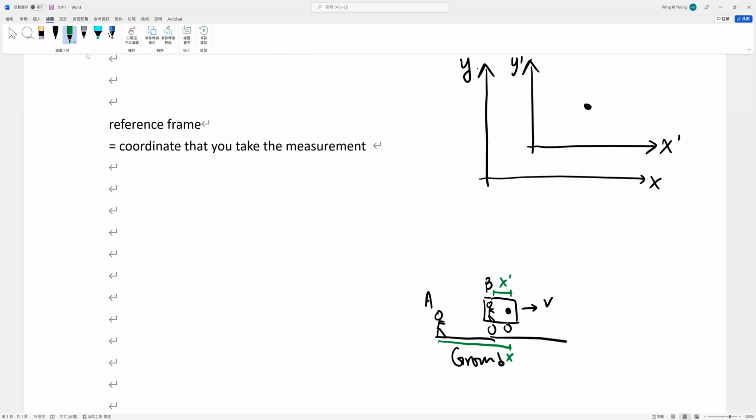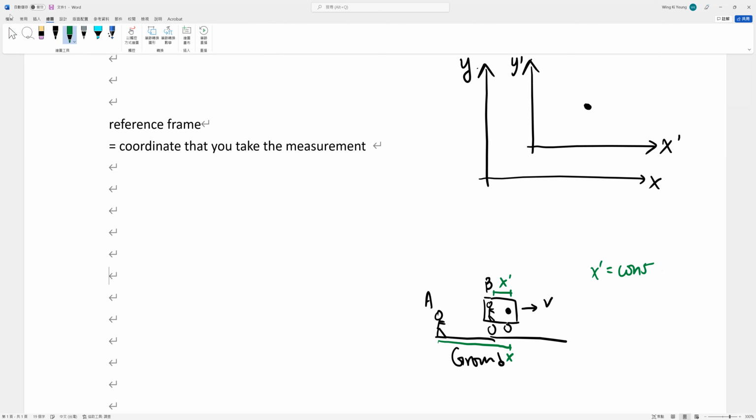If the object is moving together with the car, and you say that x prime is constant, it does not change, that means the distance between the ball and man B is constant. But x will keep increasing.